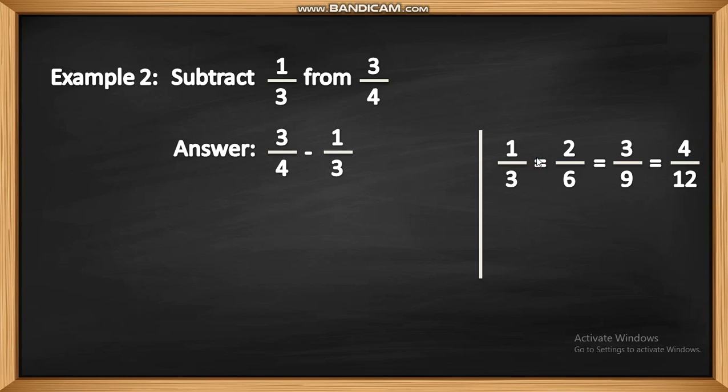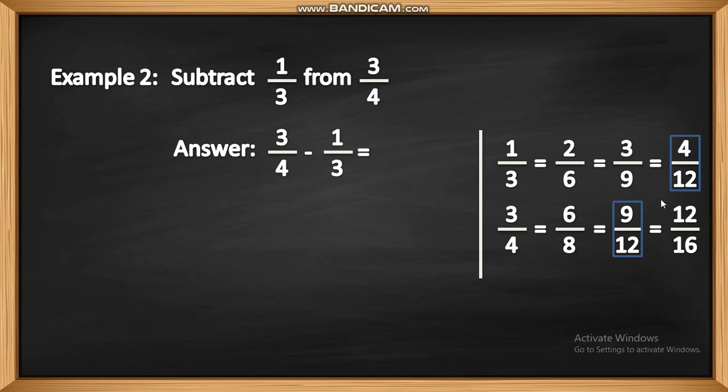Then we want to check, is there any fraction with the denominator 4? No, there is none. So we want to write equal fractions of 3 by 4 also. 3 by 4 is equal to 6 by 8, that's equal to 9 by 12, that's equal to 12 by 16.